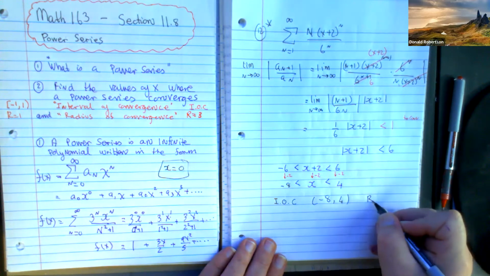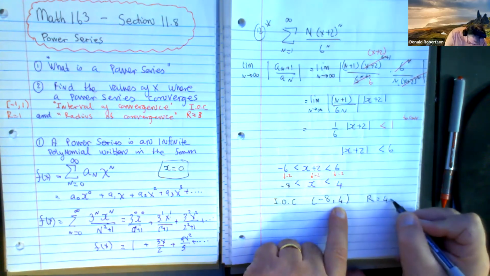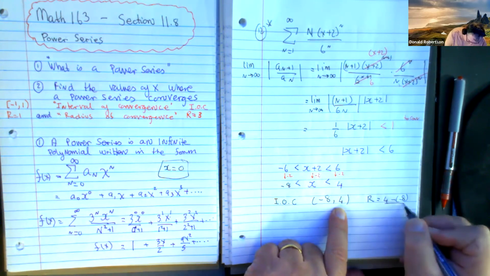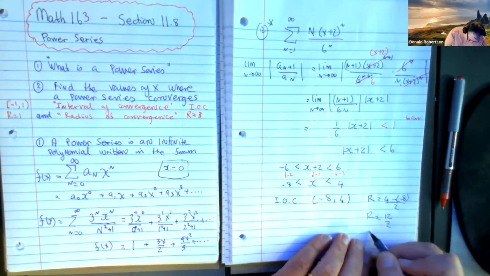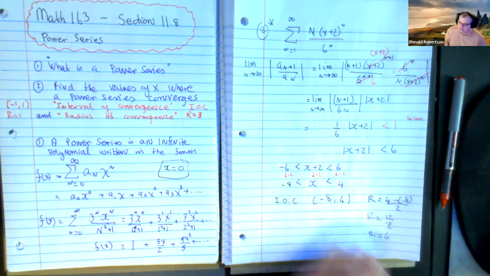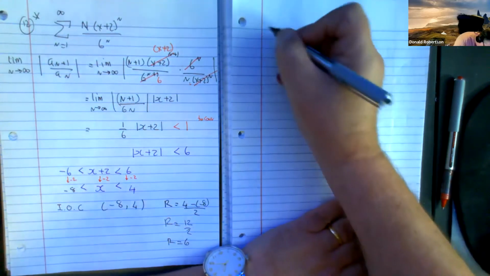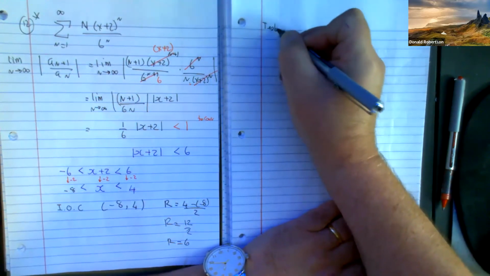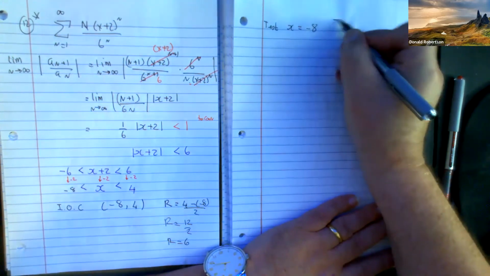And the radius of convergence, I'm going to do the last guy, take away the first guy, halved. And that's going to be 12 halved. And so the radius is 6, right? Cool. You could get that different ways, but I'm doing it that way. Now, all I need to do next is test the 2 endpoints. So I'm going to test x equals -8 first.